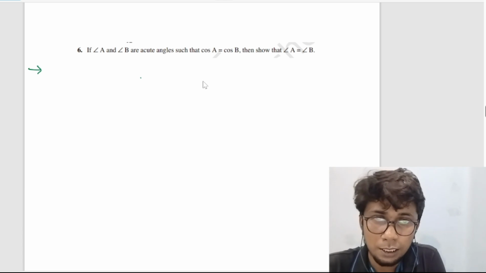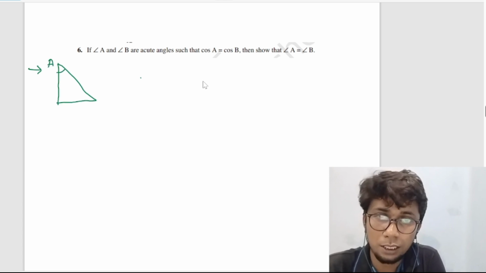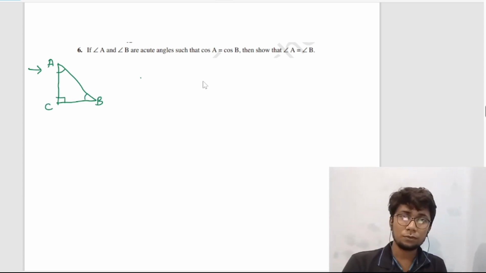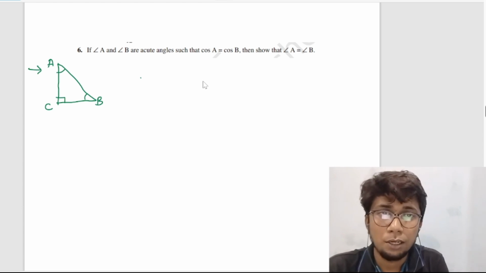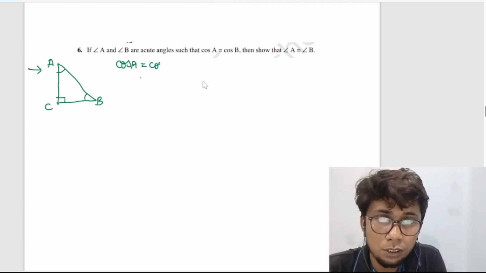Angle A and angle B are acute angles, so if we consider this triangle, this A is an acute angle, this B is an acute angle. Let's say this is C, the right angle. And what are we given? We are given that cos A is equal to cos B.